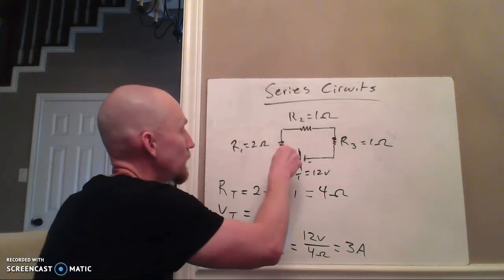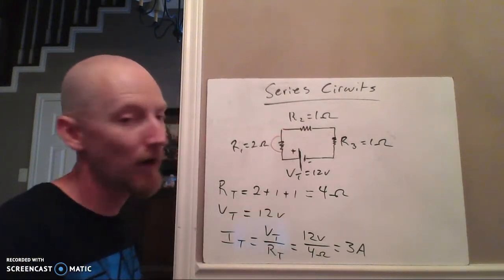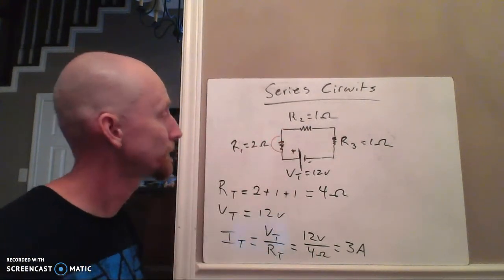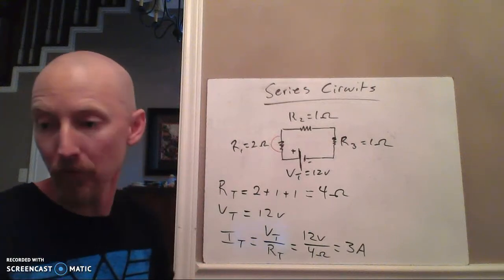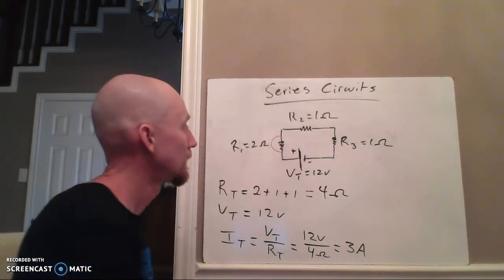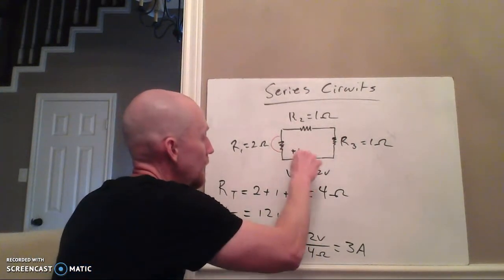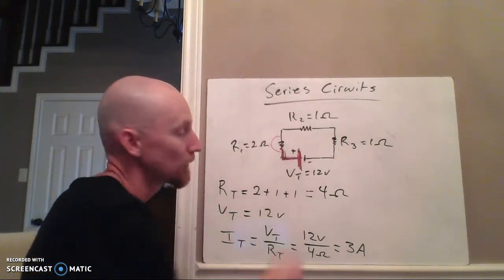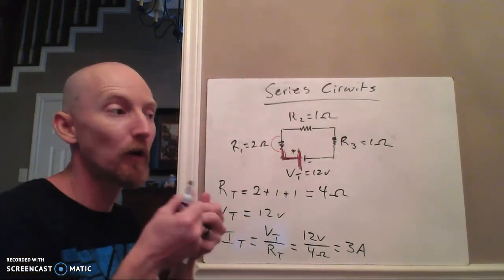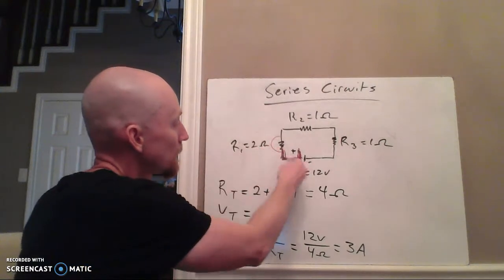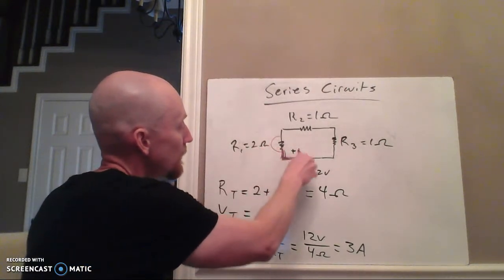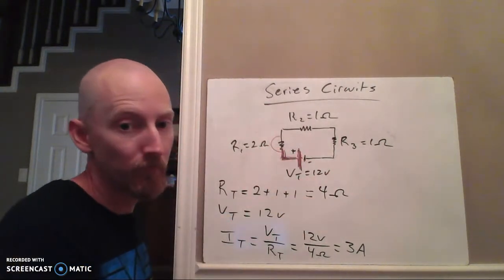I tend to draw this like this. What would the drop be from here to there? Because if we draw a picture here right now, if I take a voltmeter and hook it up to my circuit right here, this whole part is going to say 12 volts.